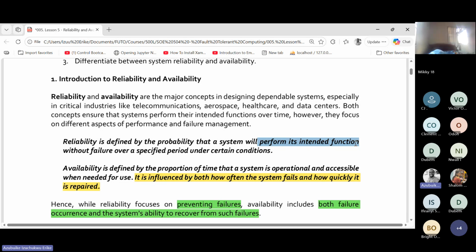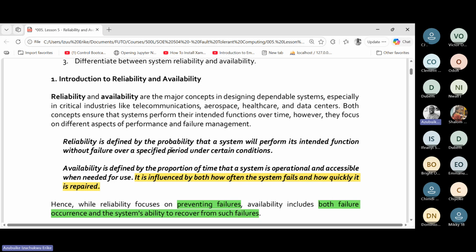So we want a system that will continue to perform its intended function without failure, and then there's a time frame attached to it, and there's also a condition attached to it.